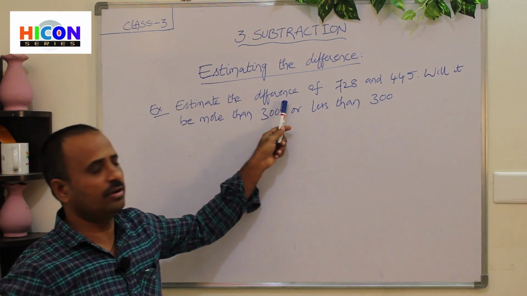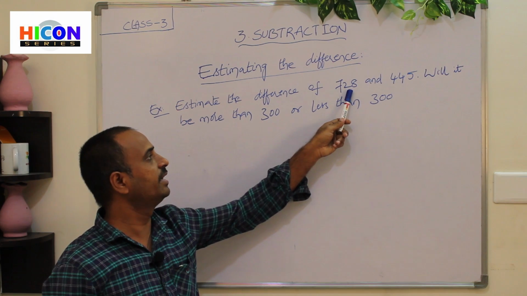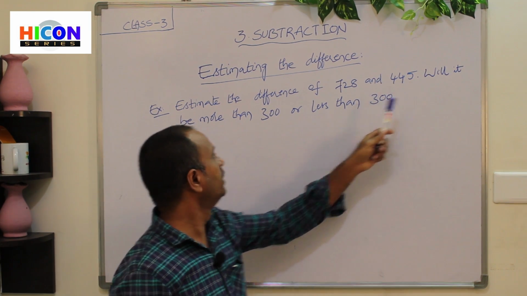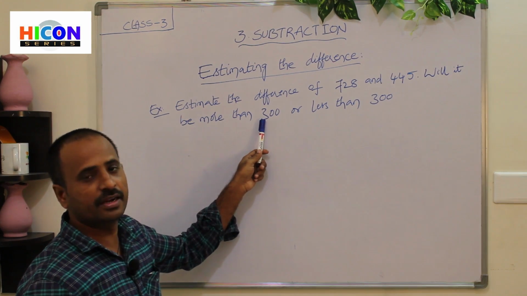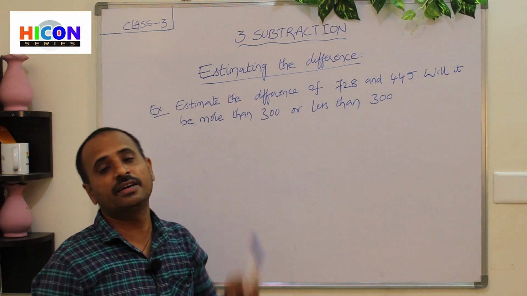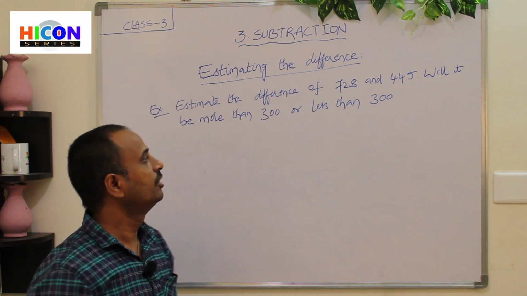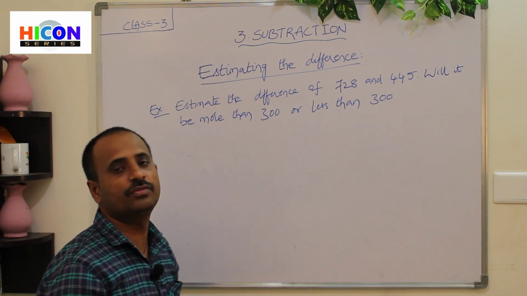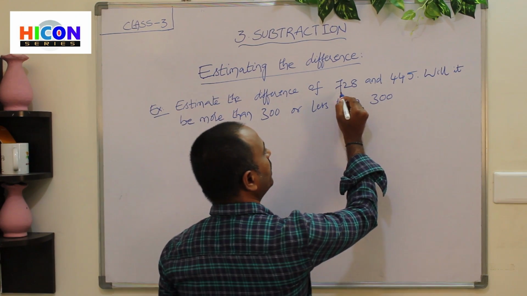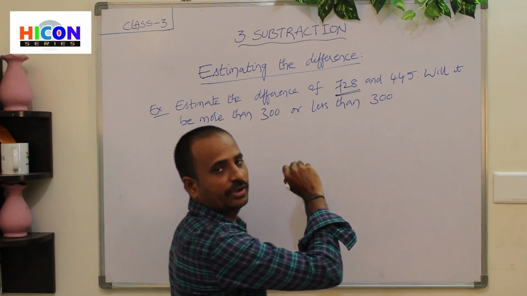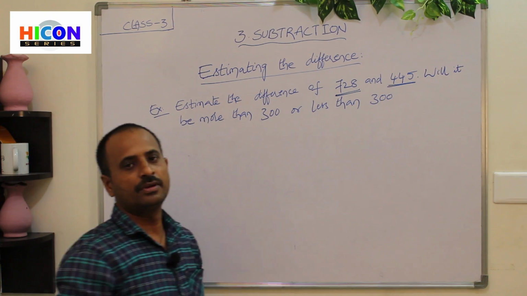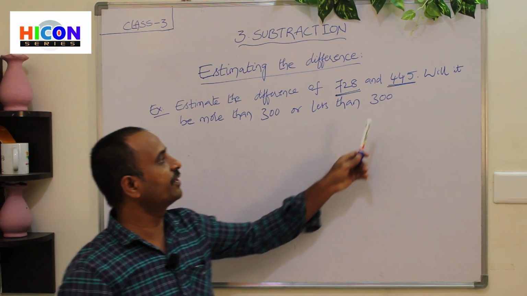Estimate the difference of 728 and 445. Will it be more than 300 or less than 300? So children, do you understand the problem? First we have to estimate the difference of these 2 numbers. That is, one is 728 and the second number is 445.